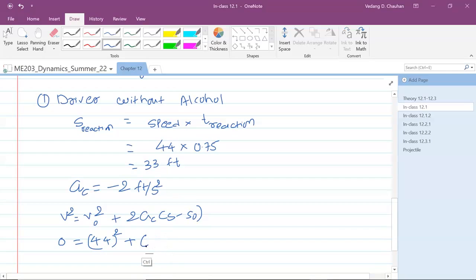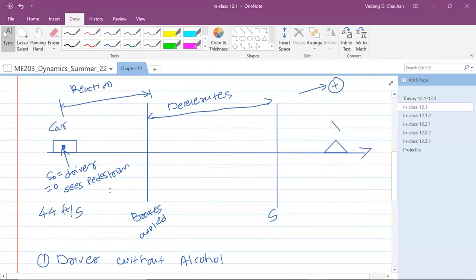The 2 is part of the equation and a_c itself is minus 2, as given, since the car decelerates. s is the final position and the initial position is our reference point, which is 0. When we solve this equation, we get s equal to 517 feet. That means from the moment the driver sees the pedestrian, the car travels 517 feet before it stops. So this is where the car stops.